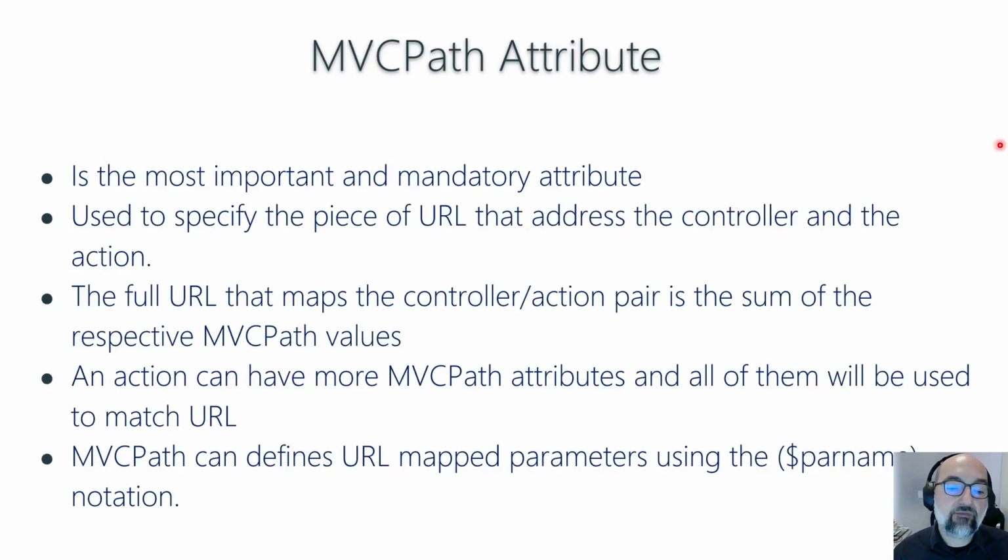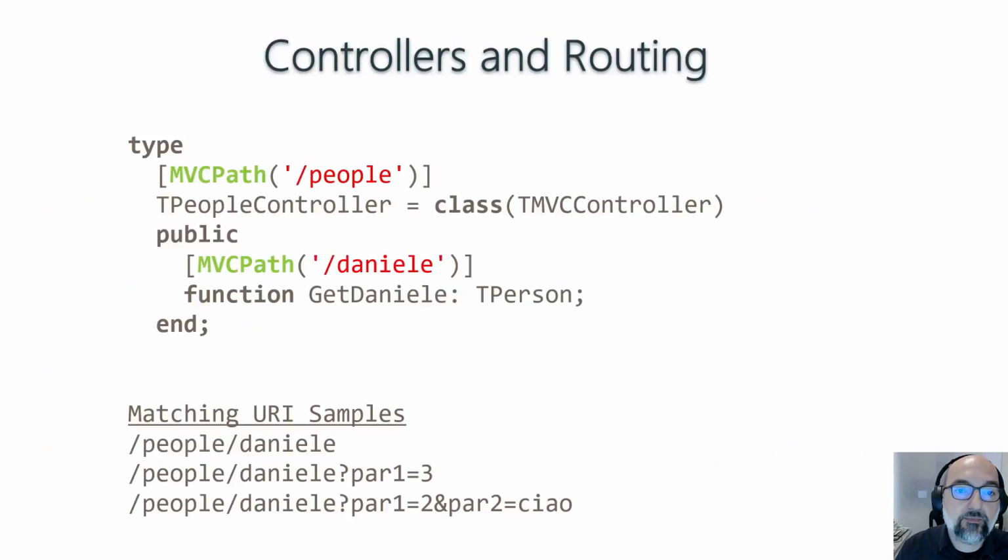An action can have more than one MVCPath attribute, and all of them will be used to match the URL. The MVCPath can define URL-mapped parameters using the parentheses, $paramname, parentheses notation.